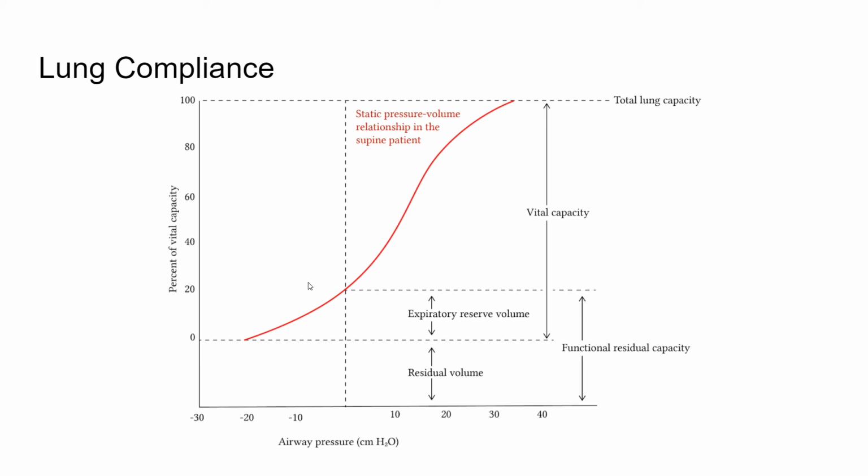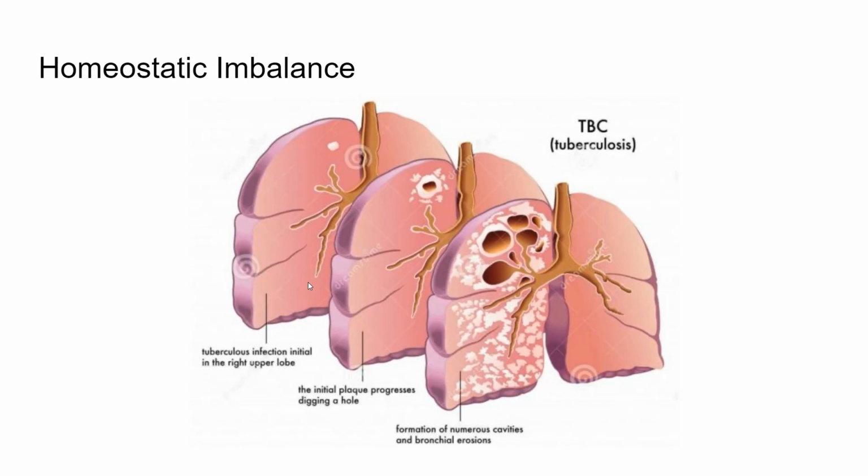There are things that can change each of the three things that we talked about: airway resistance, alveolar surface tension, and lung compliance. And this typically has to do with diseases of the lungs that cause increased inflammation in the lungs. Chronic inflammation, any kind of infection like tuberculosis is what you see here.